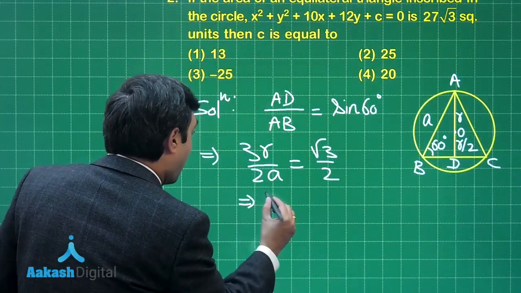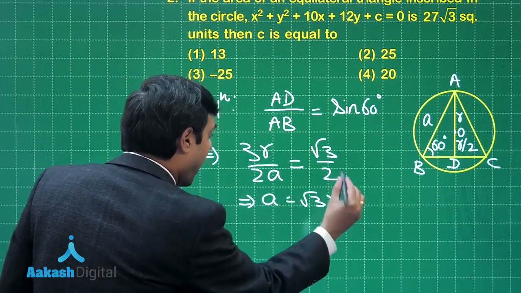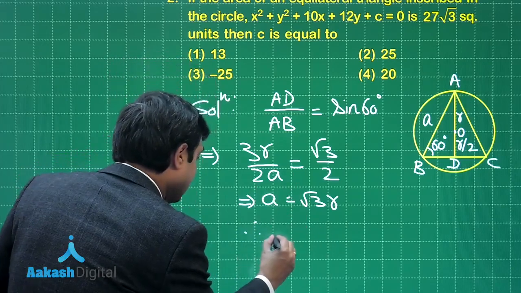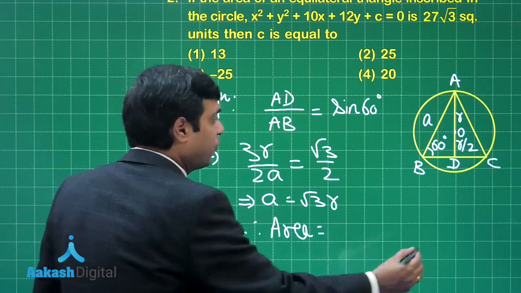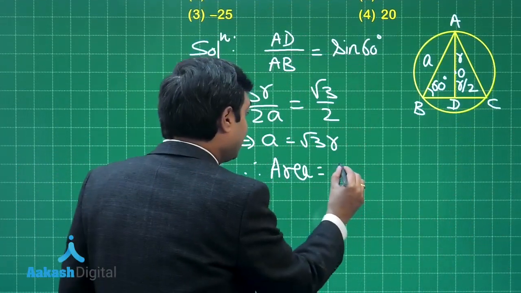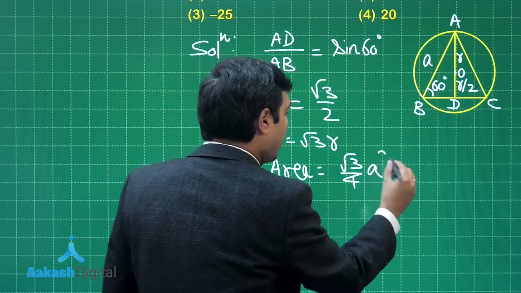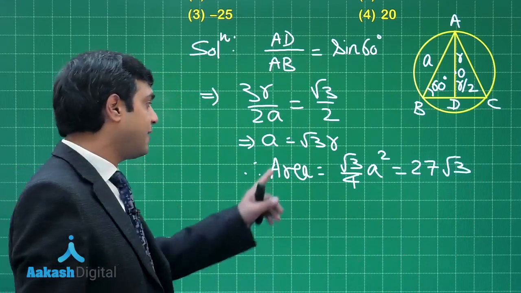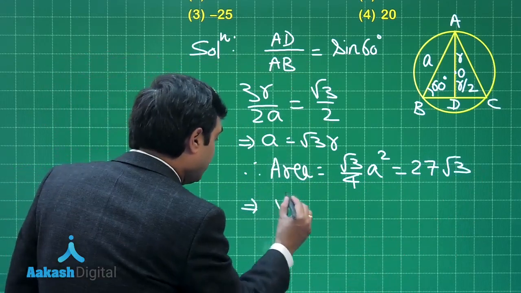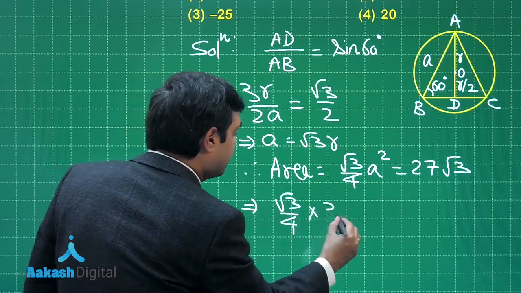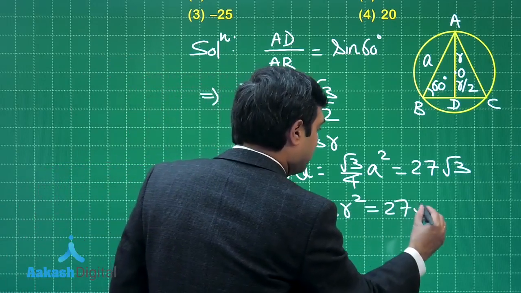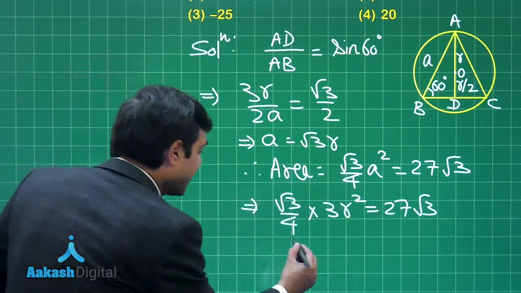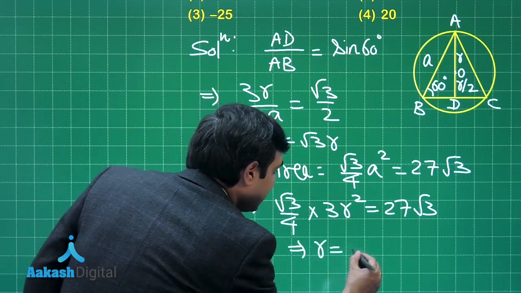We are getting A is equal to root 3 R. Now the area of the triangle is given as 27 root 3, therefore area is given by root 3 by 4 A square, and it is given to us as 27 root 3. Substitute the value of A as root 3 R, you get root 3 by 4 multiplied with 3 R square is 27 root 3. Root 3 is cancelled on each side, 3 also cancelled. So we are left with 9 into 4 as R square, or R is simply 6.